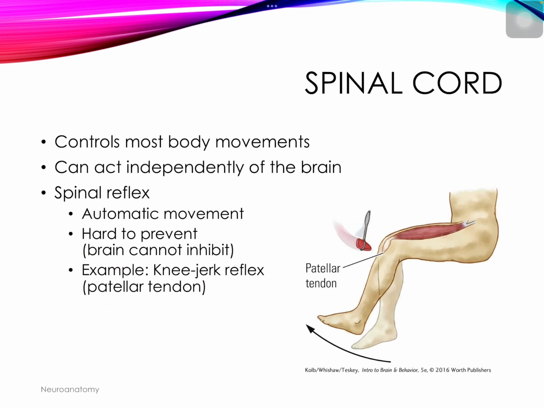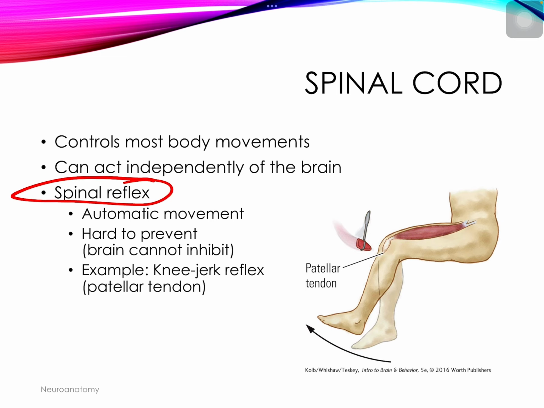Additionally, we have to think about reflexes. And so the spinal cord can actually act independently of the brain, especially when you consider something that needs to be done very quickly, that doesn't have the luxury of taking the time to get to the brain, from the brain, and then the brain to be able to coordinate that activity. So one particular function that is independent is the spinal reflex.